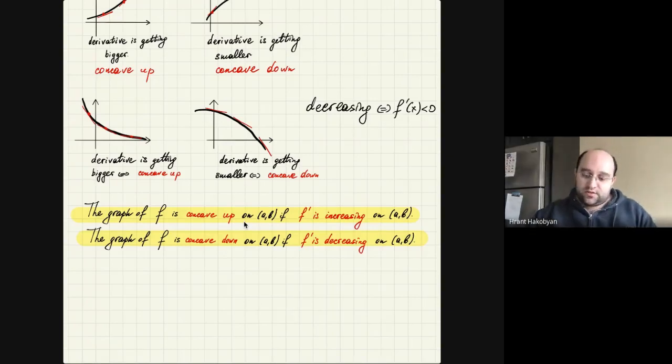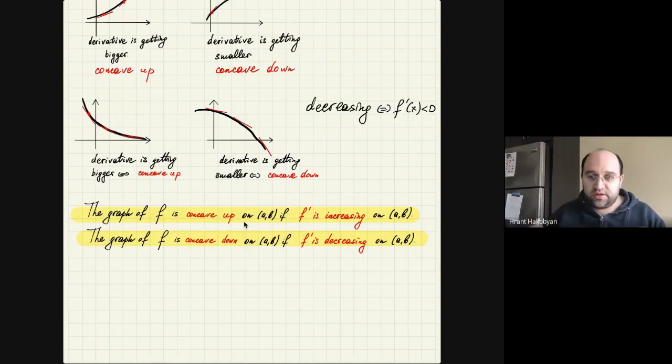So if you want an example from real life, you have a car, you are driving, say, away from home, so your distance is always getting bigger, but at some point you're accelerating. It means the speed is getting bigger and bigger. So that's saying your function is concave up.